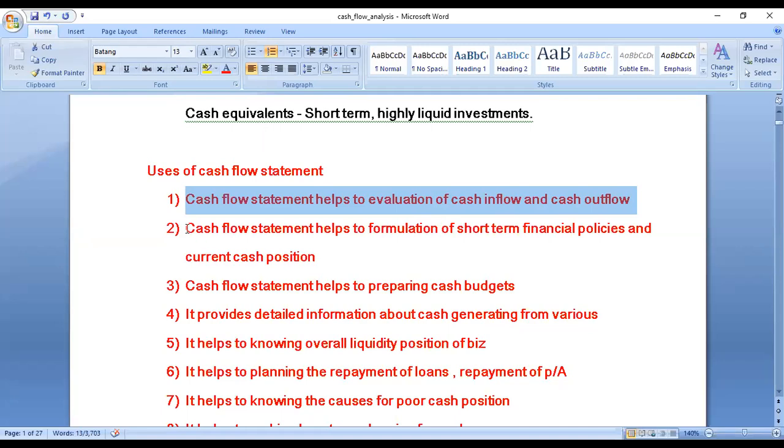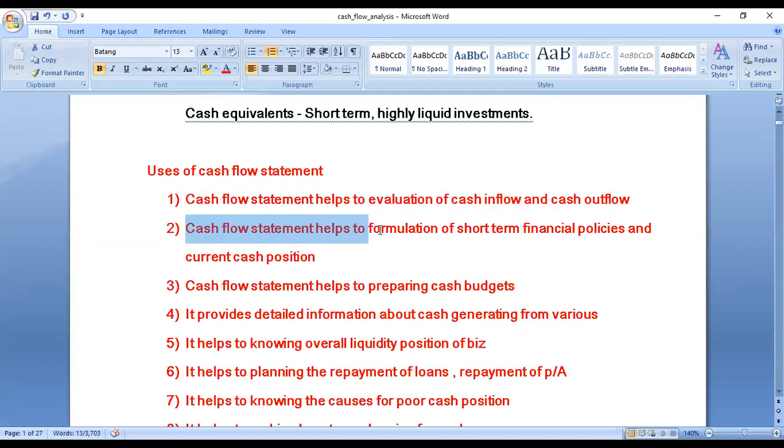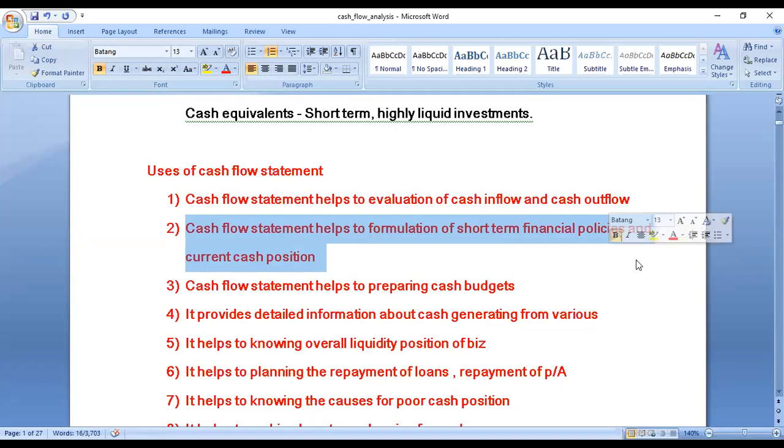Second point is cash flow statement helps in formulation of short-term financial policies and current cash position. It helps each and every organization to formulate short-term financial policies, rules and regulations.